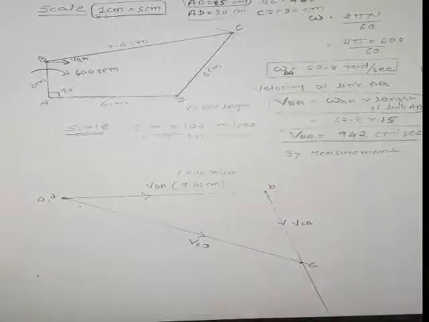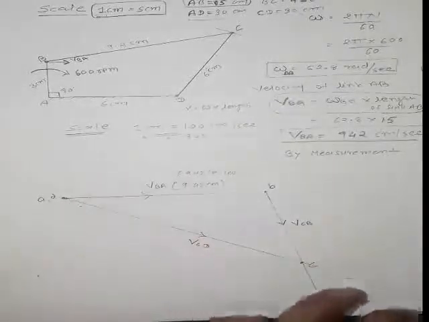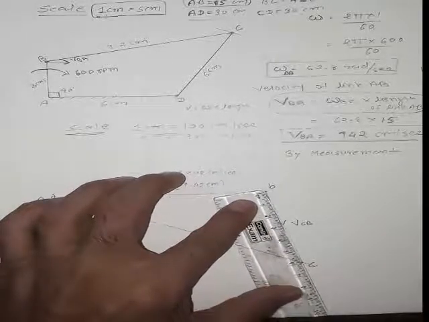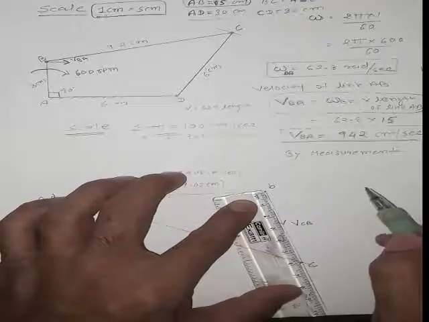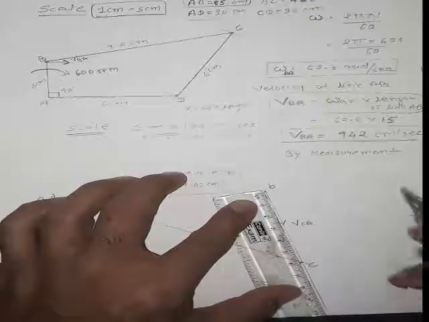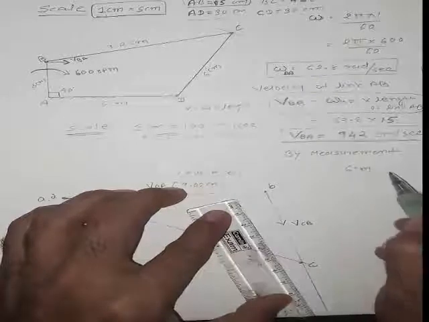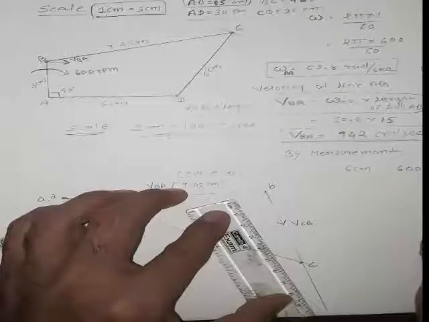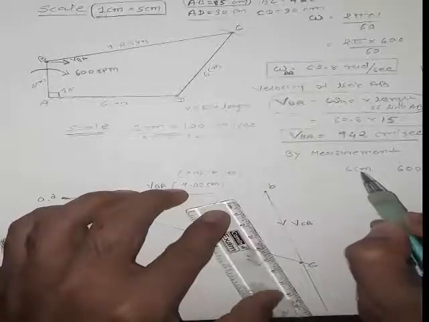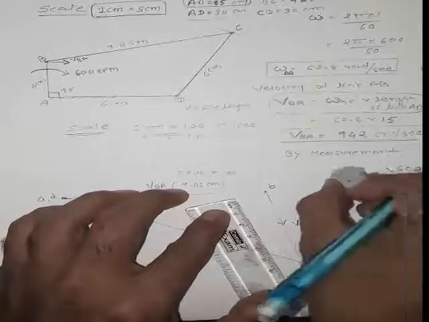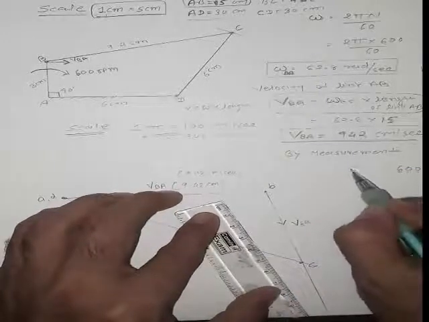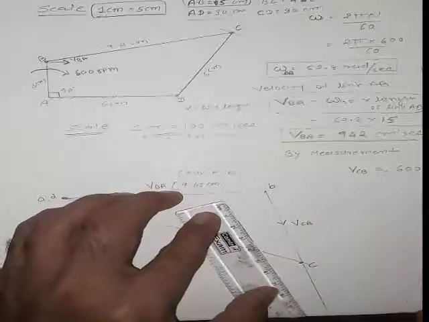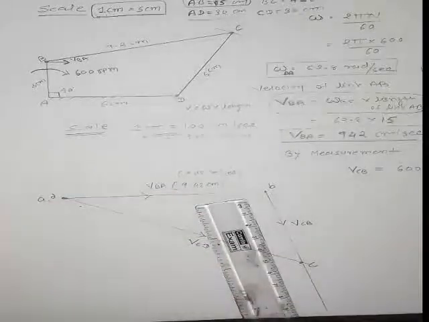So by measurement, VCB, that is here, if we measure, this is 6 centimeter, right? So here it is around 600 centimeter per second. So we can say VCB is 600 centimeter per second, right?